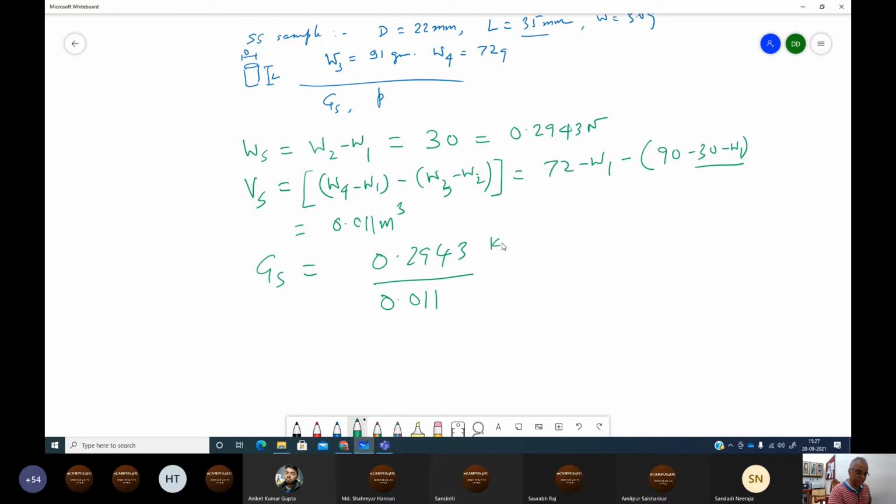If this is Newton, then this one also has to be converted into Newton because this is in meter cube. So we have to multiply by 9.81. That will give me 2.727.